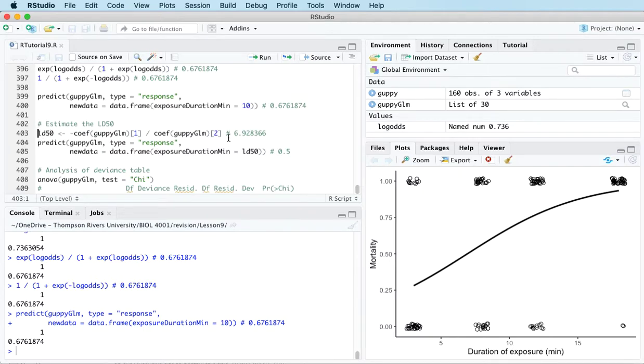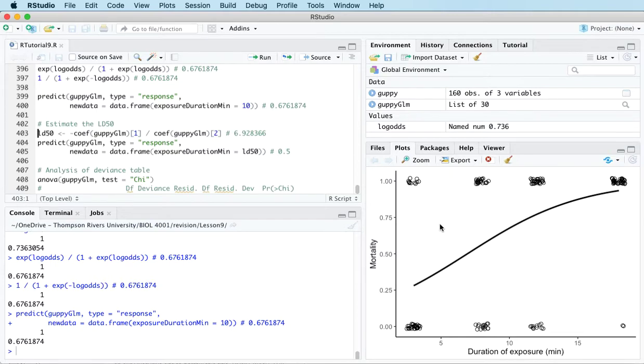A value that is quite commonly calculated in this type of analysis is something called the LD50, standing for lethal dose 50. What this is, we're thinking of a probability of death of 0.5, and we're finding out which exposure time would correspond to that predicted probability.